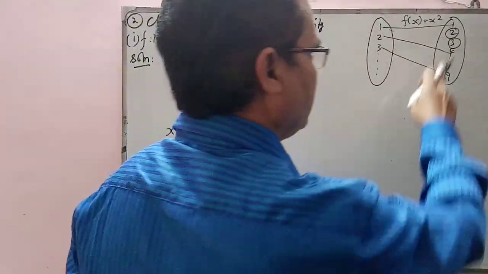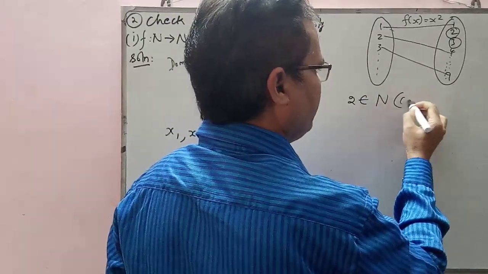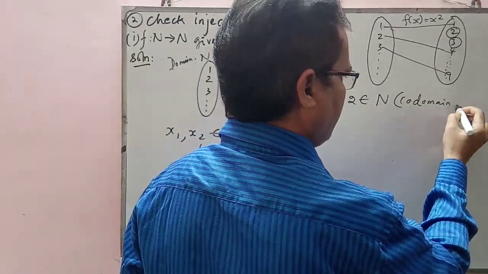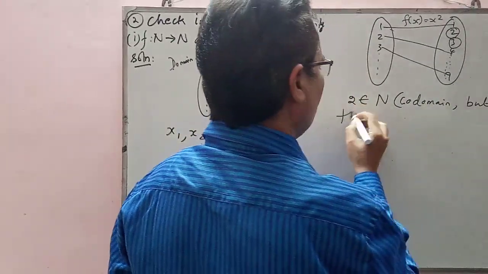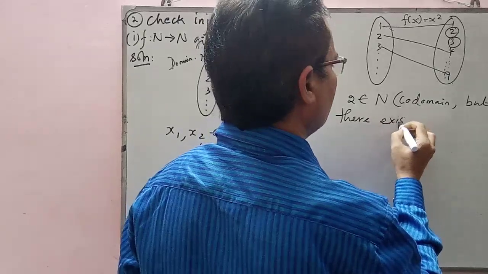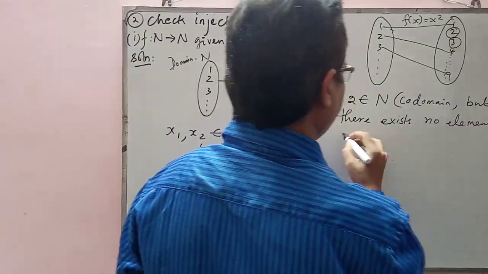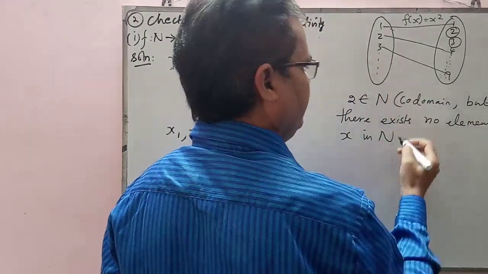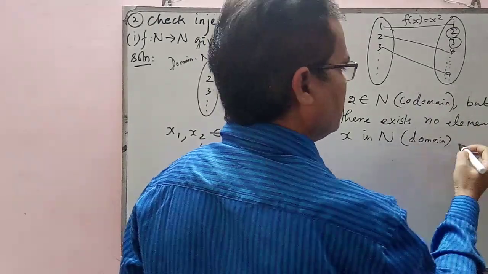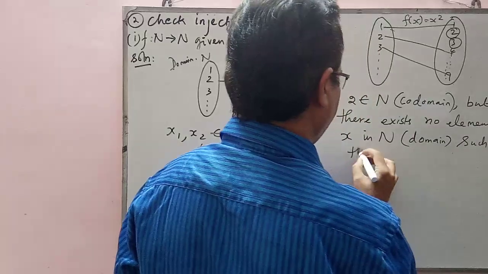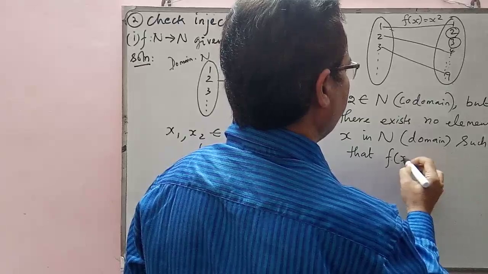So how to write this? Take 2 or 3, any element. 2 belongs to N, here we mean codomain. 2 belongs to N, but there exists no element x in N, the domain, such that f of x will be equal to 2.